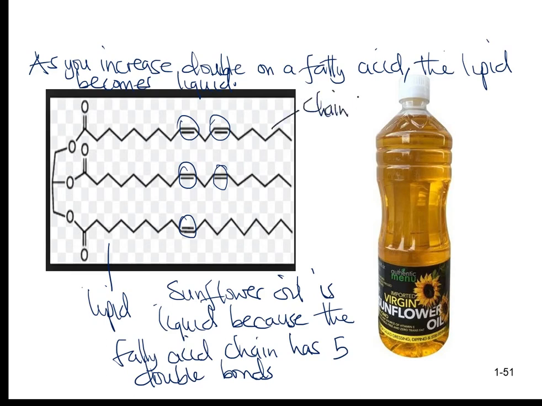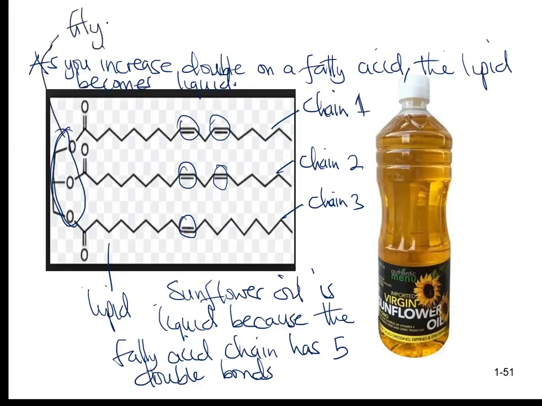Chain number 1, chain number 2, and chain number 3. When we combine these with this part we call it glycerol. That's where we make glycerin. When you combine glycerol and fatty acids, you have your lipid there.